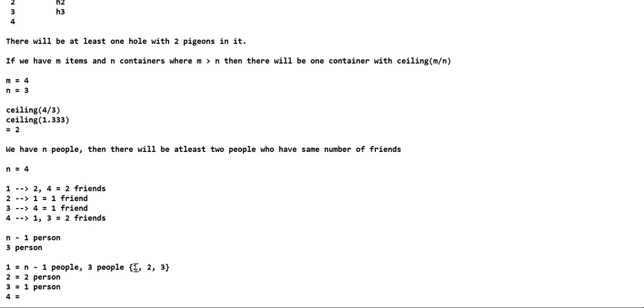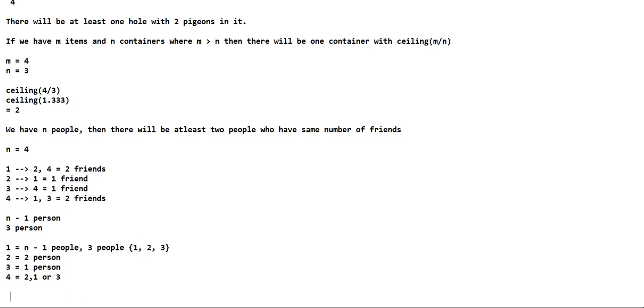So person number 4 has friendship with 1 person, 2 people or 3 people, not more than that. Any number we choose, 2, 1 or 3, will give at least 2 people who have the same number of friends, right?